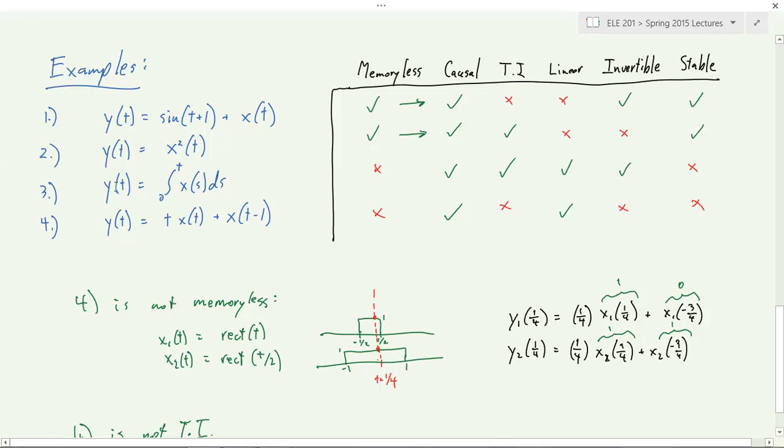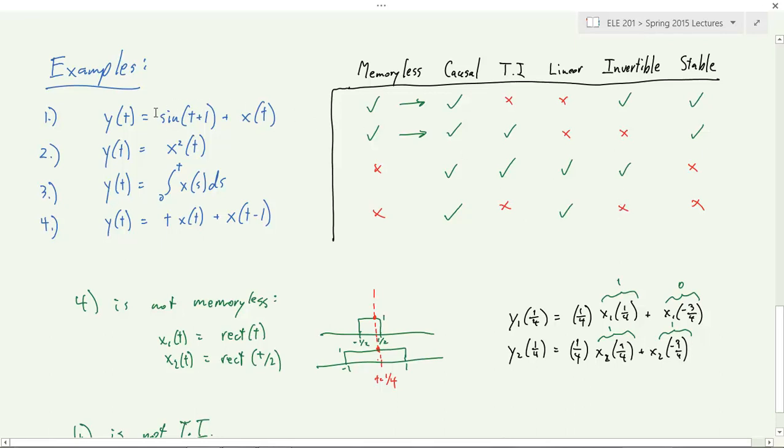And similarly here, you can just try it out. But it's linear because this t, you might say, what, this t x of t doesn't look linear. But remember, we're talking about linearity with respect to the input signal. T is just some constant compared to the input signal. So if you try out the rule for linearity, it's still going to work here.